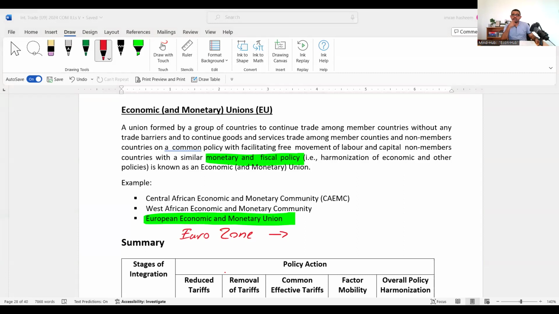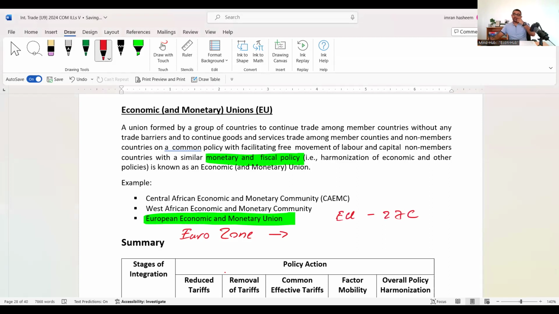It used to be 28 countries, but we had the divorce, the marriage ended between the European Union and the United Kingdom. So 28 became 27. European Union, EU, is 27 countries.